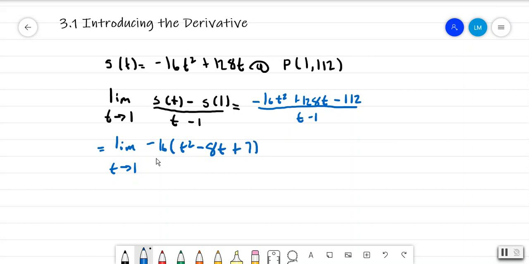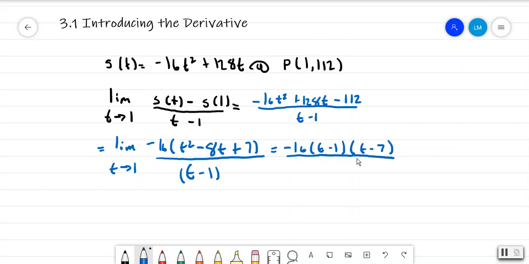Here this is going to give us t minus 1. We note that this is negative 16 times t minus 1 multiplied by t minus 7, and all of this is divided by t minus 1. But notice that a factor cancels out, so this is actually equal to the limit as t approaches 1 of negative 16 times t minus 7.